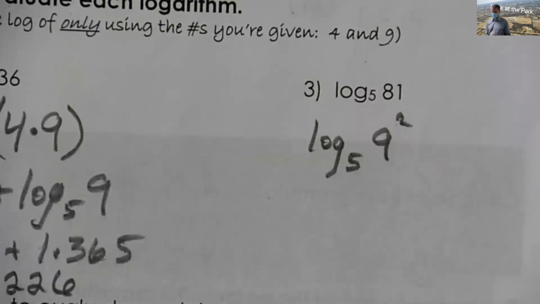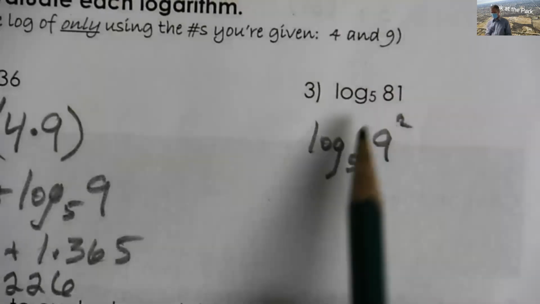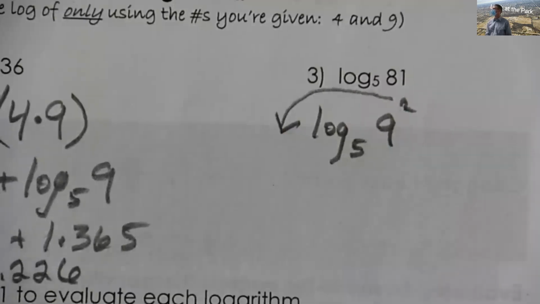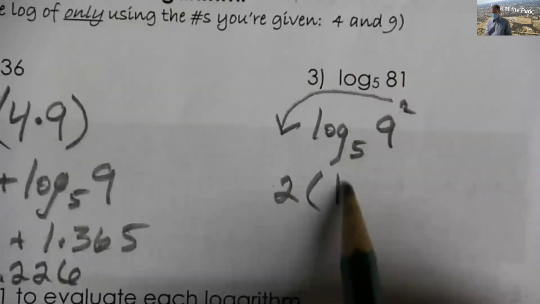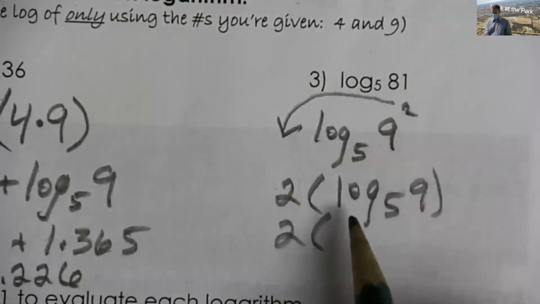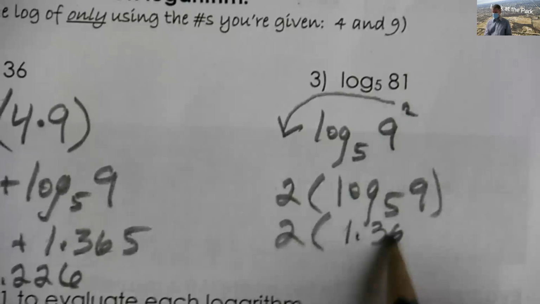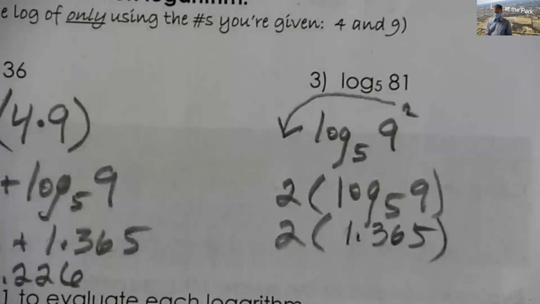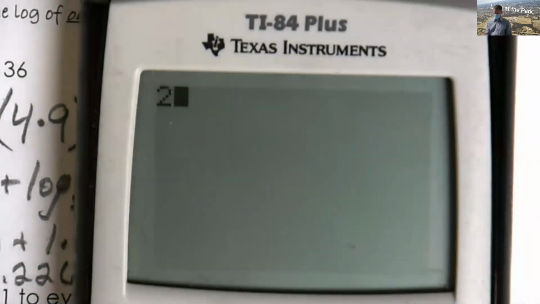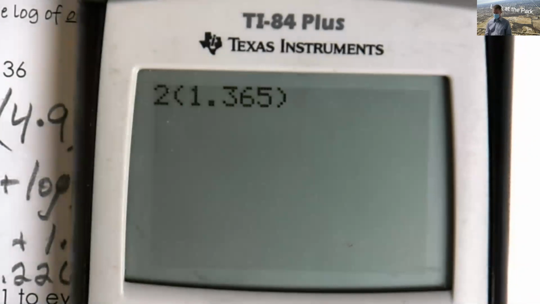In this case, we won't use the 4, we'll just use the 9. We learned before that if we have an exponent, we can put it in front of the logarithm. So now this is log base 5 of 9, which is 2 times 1.365. Two times 1.365 is 2.73.